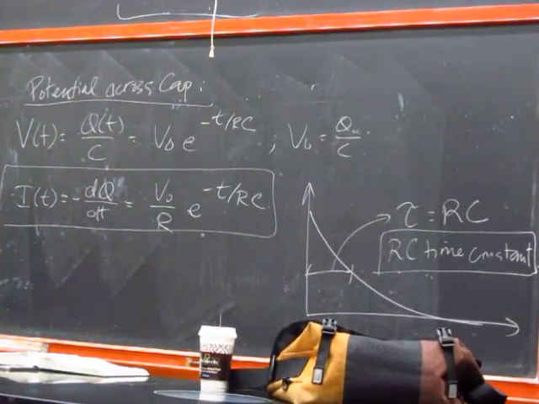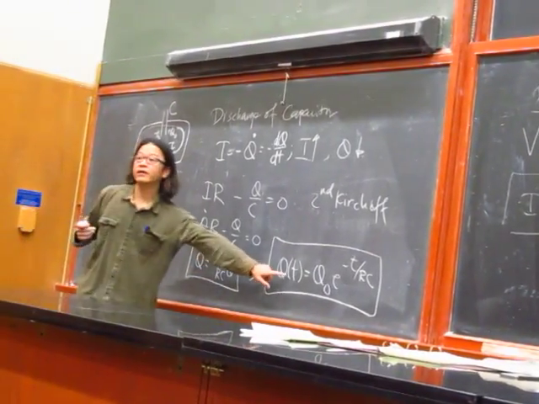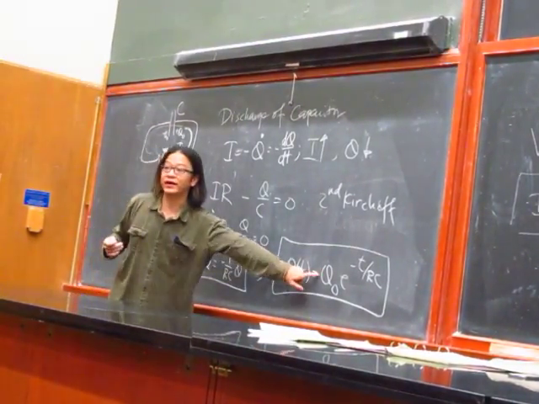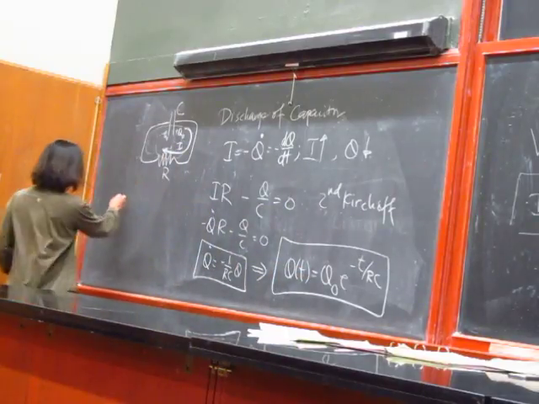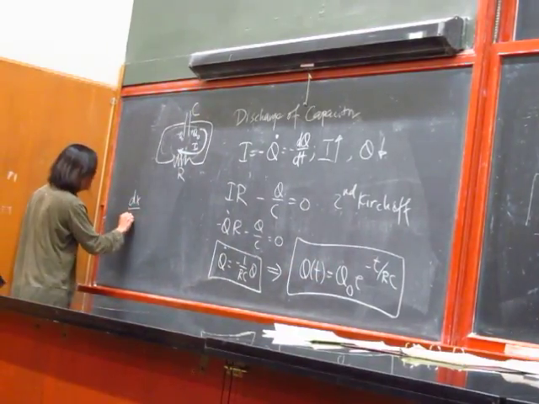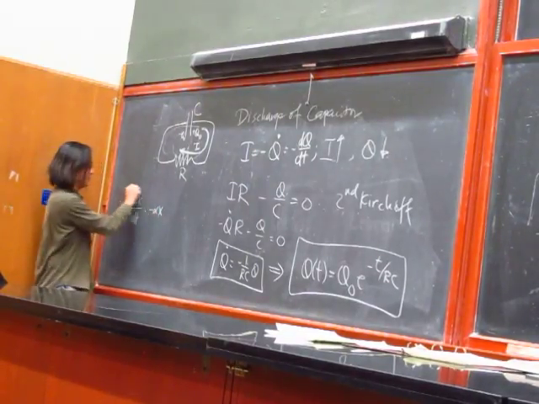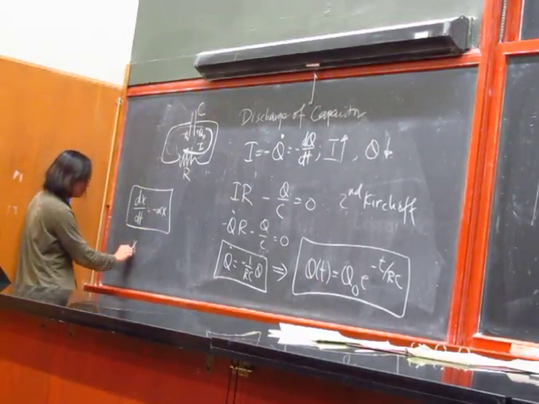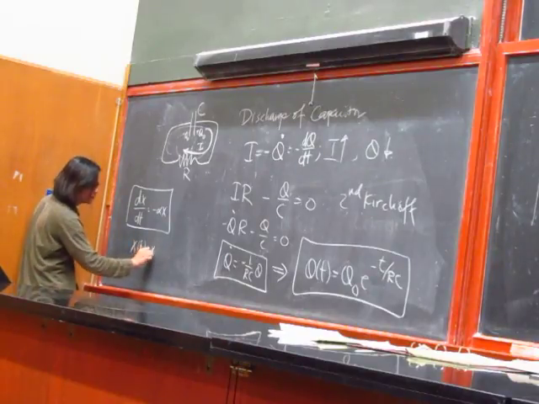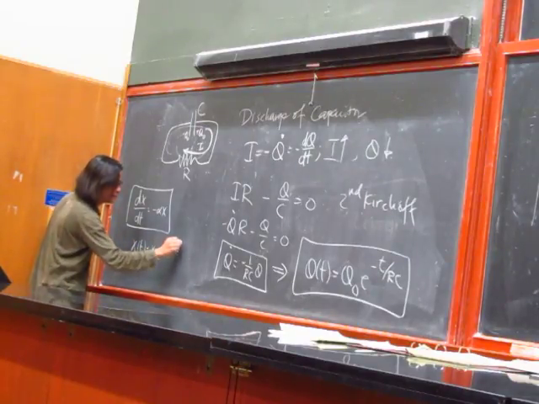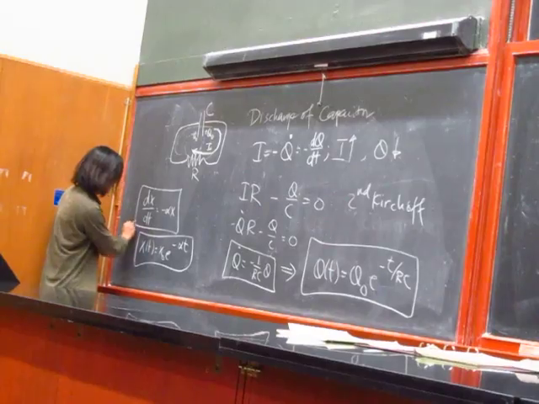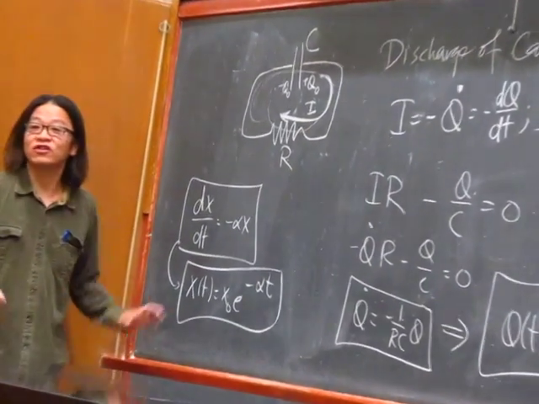Wait, how do you get from that equation to e to the power here? Yeah, this is just a solution. Anytime I have dx dt equal to minus alpha x, then the solution for x as a function of time is e to the minus alpha t.